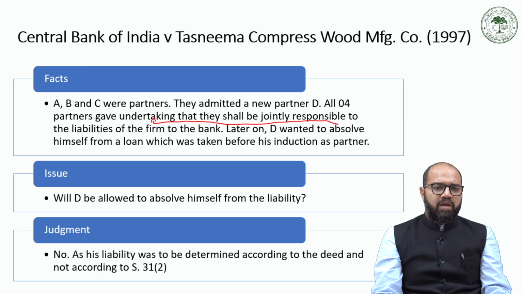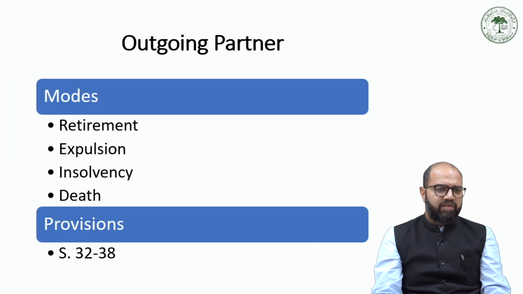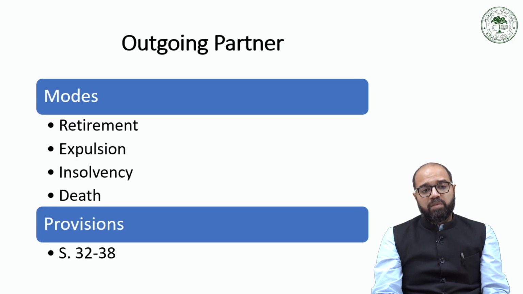Now we shall be moving to outgoing partners, or what are the various ways in which a partner may exit from the partnership firm. So the modes which are there under the law for the partner to cease his partnership or to exit the partnership, broadly speaking, there are four modes.